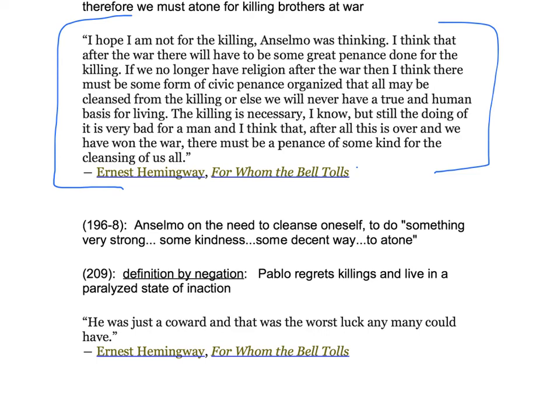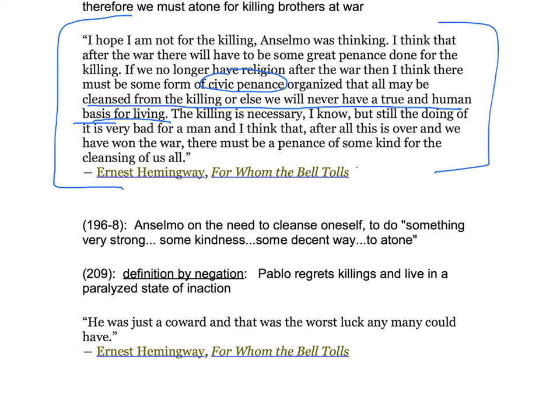If we no longer have religion after the war, then I think there must be some form of civic penance organized, so that we may all be cleansed for the killing, or else we'll never have a true or human basis for living. So for me, this is getting strong in the broken places. This is being able to know and take responsibility for one's wrongs, necessary wrongs. The killing is necessary, I know, but still, the doing of it is very bad for man, and I think that after all this is over and we've won the war, there must be a penance of some kind for the cleansing of us all.